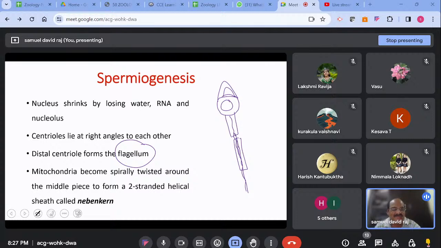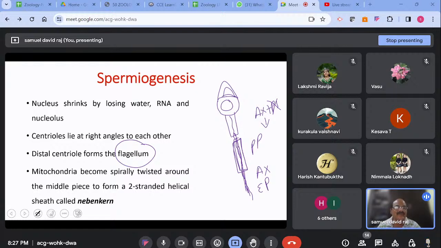So the tail is called flagellum or axoneme, which is surrounded by protoplasmic sheath. So the tail region, which has an axoneme plus protoplasmic sheath, is called the principal piece. And towards the end, there is no protoplasmic sheath, only axoneme is present, and that is called the end piece. So thus the tail is distinguished into two regions, principal piece and end piece.